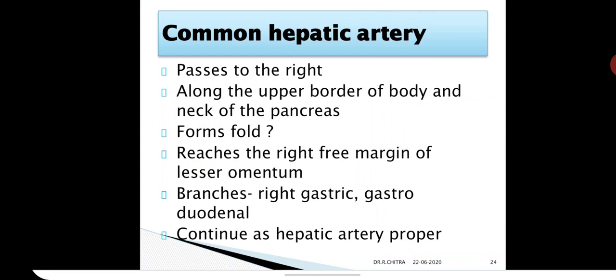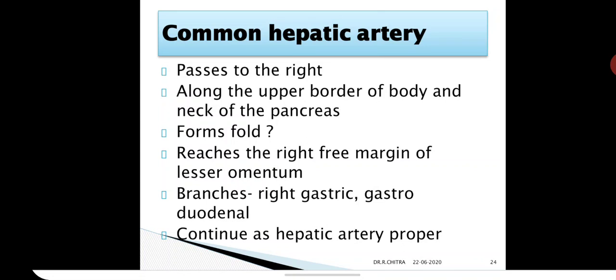Common hepatic artery passes to the right along the upper border of the body and neck of the pancreas. It forms one fold. What is that fold? Inferior gastropancreatic fold or the right gastropancreatic fold. It reaches the right free margin of lesser omentum.